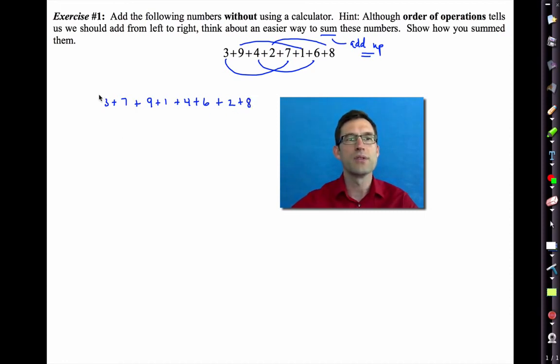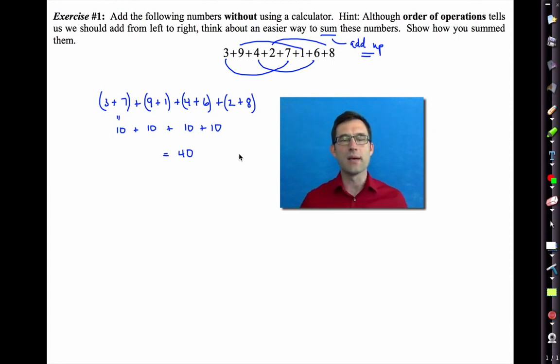Now what I could do is I could really think of it like this. I could add those two together, those two together, those two together, those two together. And of course the reason that that's an advantage is that's 10, that's 10, that's 10, and that's 10. So I add them all together and I get 40.